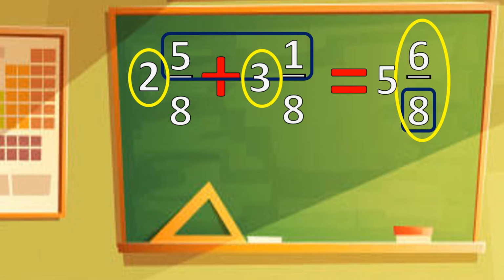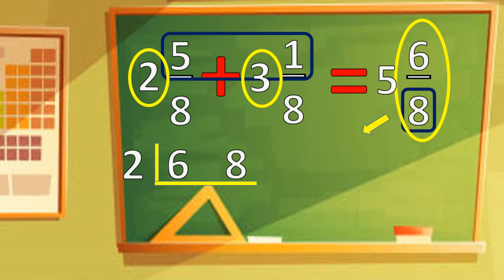And then we simplify if necessary. So let's simplify the fraction 6/8. Think of a number that can divide both 6 and 8. Yes, we could use 2. 6 divided by 2 is 3, and 8 divided by 2 is 4. Since there are no other factors for 3 and 4, our continuous division ends here.